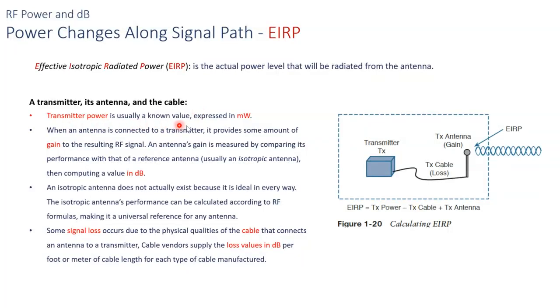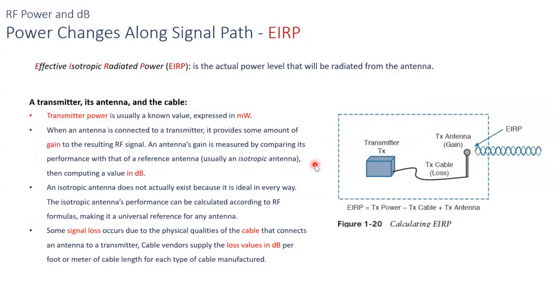Transmitter power is expressed in milliwatt usually, or in watt. When an antenna is connected to the transmitter, it provides some amount of gain. Every antenna has a gain, except the isotropic antenna, its gain is 0. It has a gain but 0 to the resulting RF signal. An antenna's gain is measured by comparing its performance with the reference antenna, the isotropic antenna, then computing a value in dB.